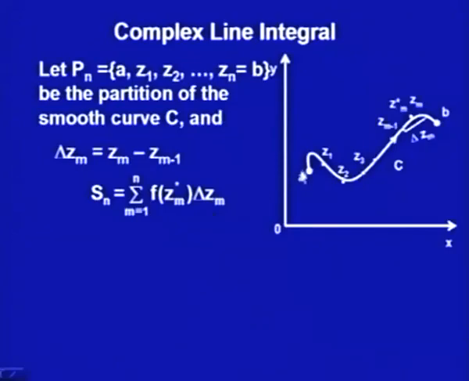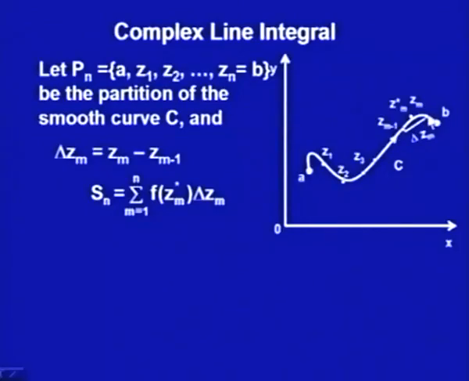In what manner? We take the partitions according to this n in such a manner that the distance between these 2 points, say Z1 and Z2, defined as Z of t1 and Z of t2, behaves as follows: if n increases, that is if I take more partition points, then the distance between tm and t(m-1), the distance of the parameter t at this point and this point, approaches 0.